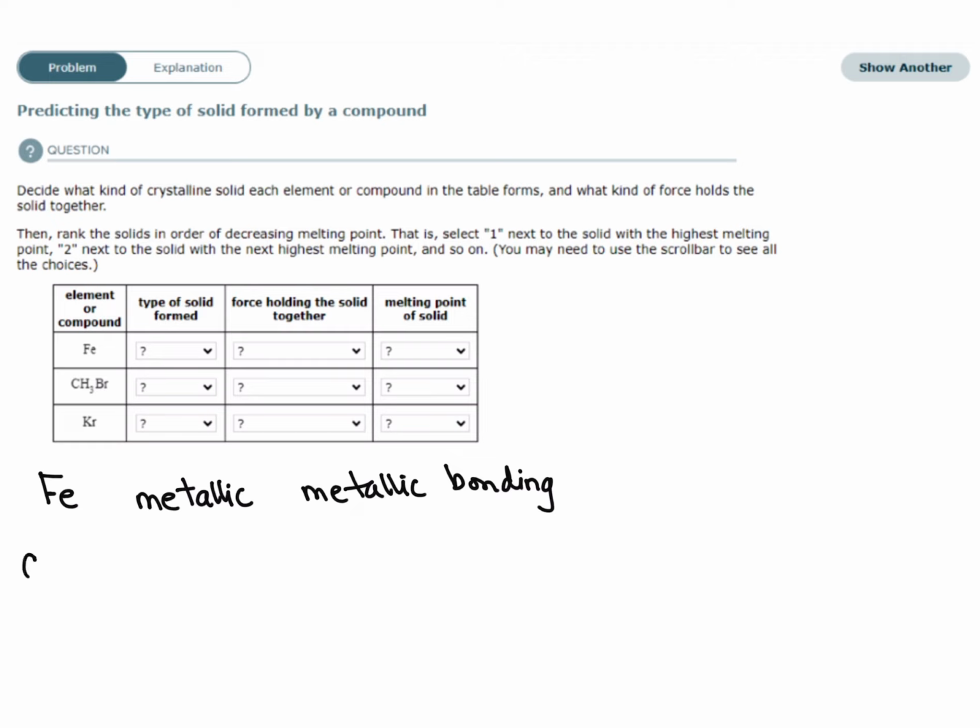The second solid is CH3Br. So this is considered a molecular solid. And molecular solids are held together by intermolecular forces. So we have to examine the structure of CH3Br, and we see that this is a polar molecule. So polar molecules are held together by dipole-dipole forces.